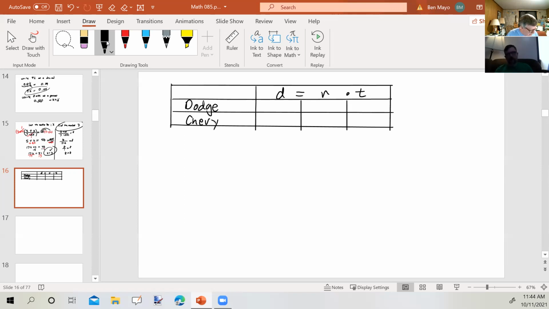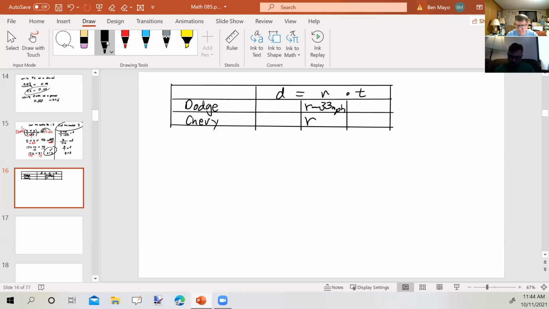Okay, now, let me read through it again. The top speed of a Dodge Charger SRT8 is 33 miles per hour less than the top speed of a Chevy Corvette. So if we call the Chevy's speed R, the Dodge would be R minus 33 miles per hour.